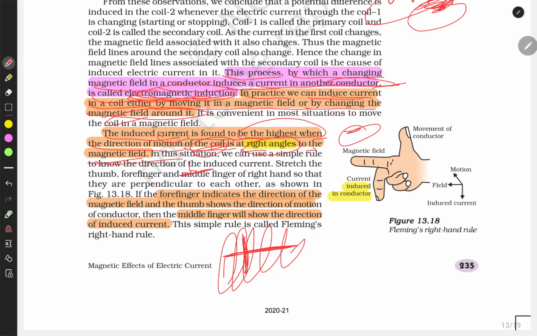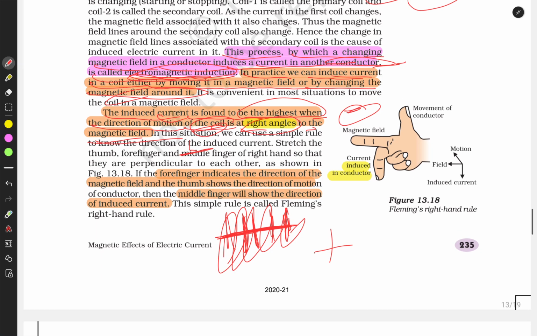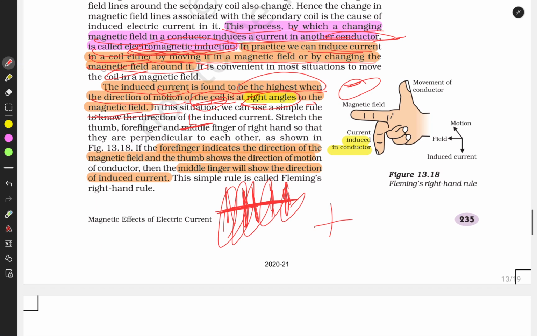The field lines are this way, the current lines are this way, and we are moving the magnet this way. So when their relative motions are parallel to each other, then the induced current will be the highest, and it will reduce slowly as we decrease or increase the angle.